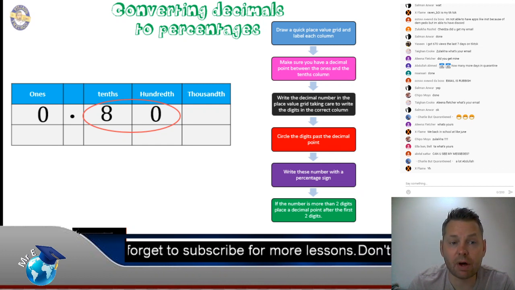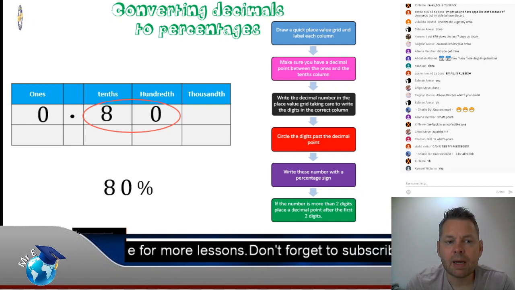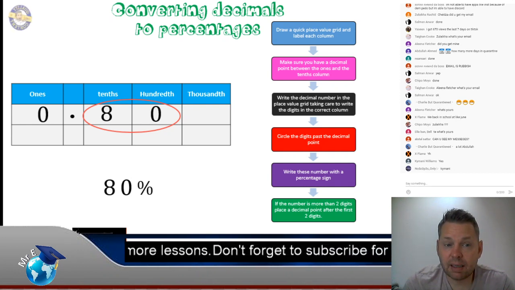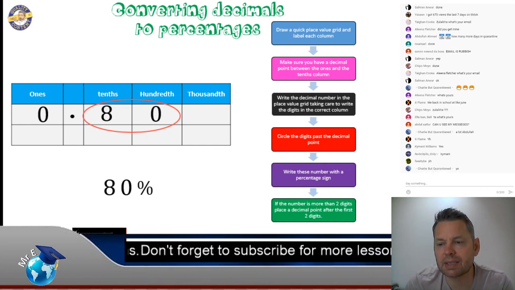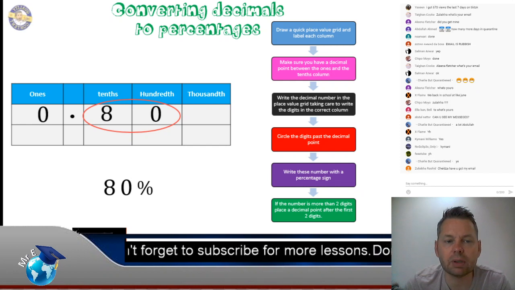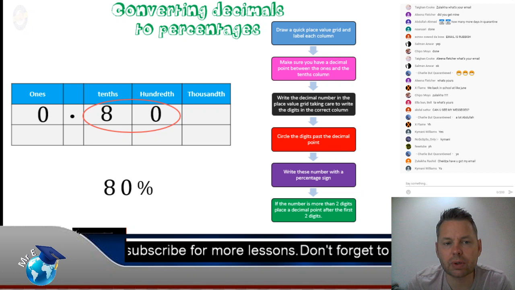I'm going to then write those 2 digits with a percentage sign. And that is my percentage. Now you're probably thinking, why is it that? So I'm going to tell you why. If you look at the columns above and the names of the columns, we have ones, tenths, and hundredths, okay?